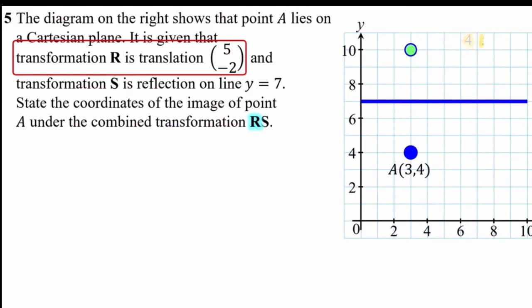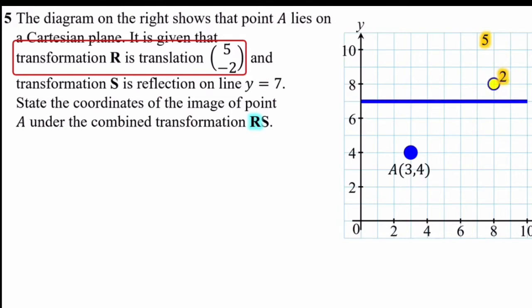So after we do S, we will do R. So R is translation (5, -2). So we move 5 steps along the x-axis, the same direction as the positive x-axis, and then we shift down 2 units along the vertical direction or y-axis. So -2 means shift down.